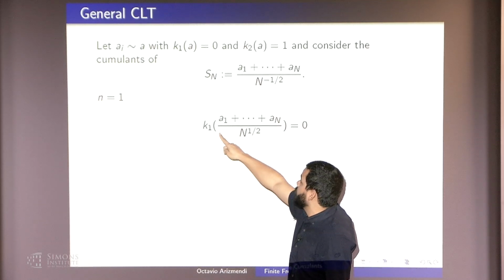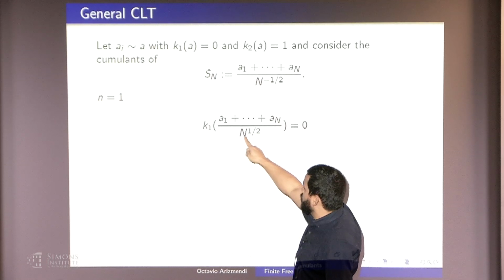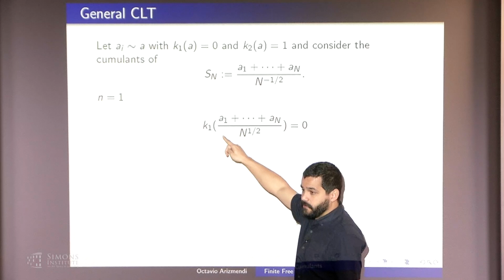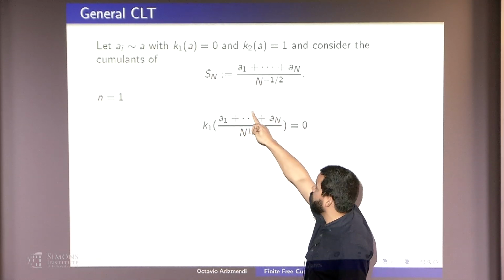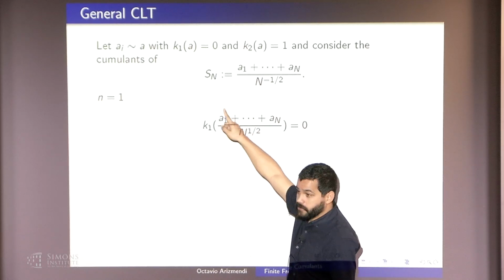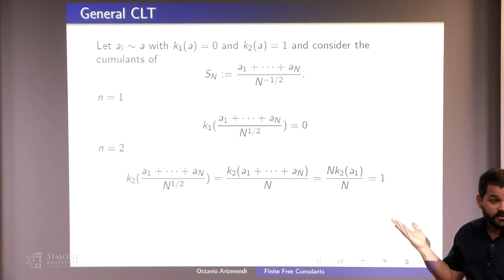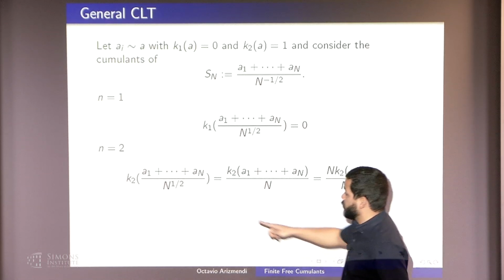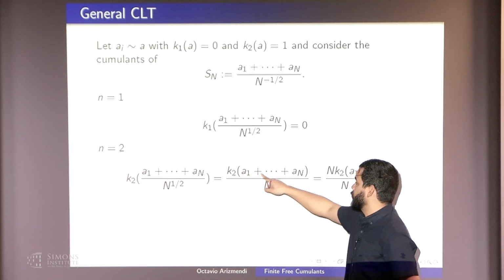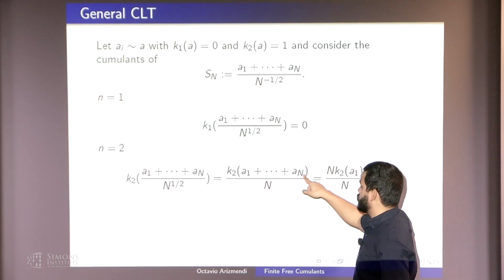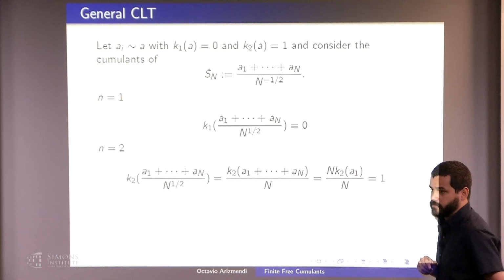Then the first cumulant of the normalized sum: the factor goes away by n to the 1/2, and then I add all cumulants, which are the same because they have the same distribution as A. So this is 0. Then I go for n equals 2, and then this n to the 1/2 goes as 1/n. And since these are identically distributed, these are just n times k2. And then they cancel and I get 1.